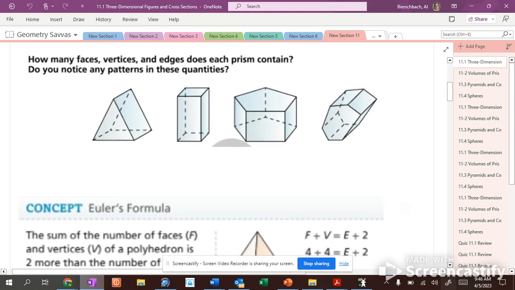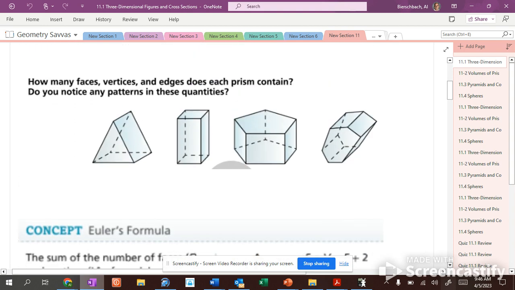All right. So, what we're going to talk about is how many edges, faces, and vertices there are in each of these figures. Okay, so let's talk about faces first. On this first one, how many faces does this have?